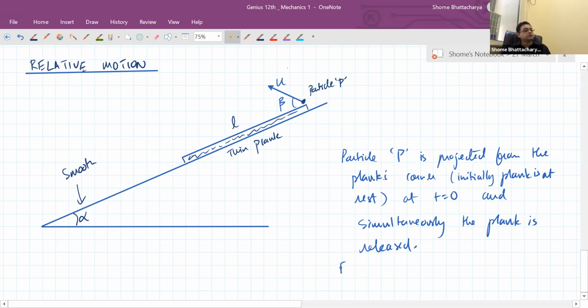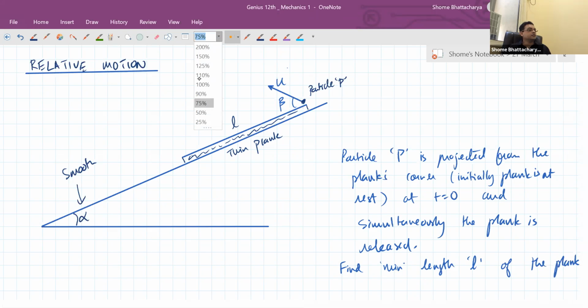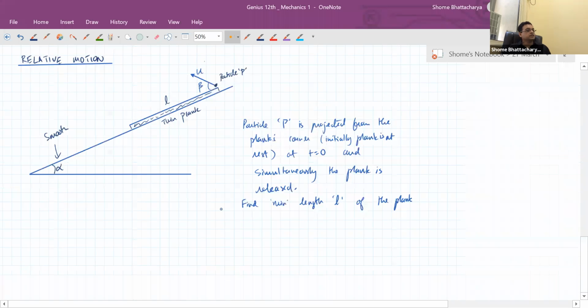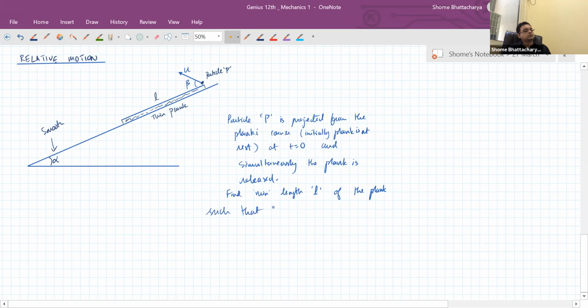So we have to find the minimum length L of the plank such that the particle returns to the plank, hits its surface again.